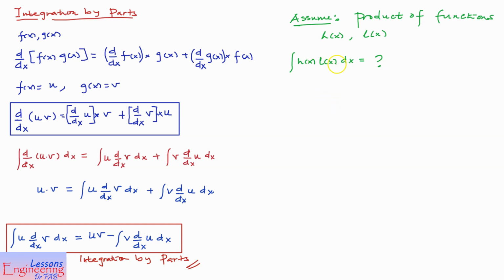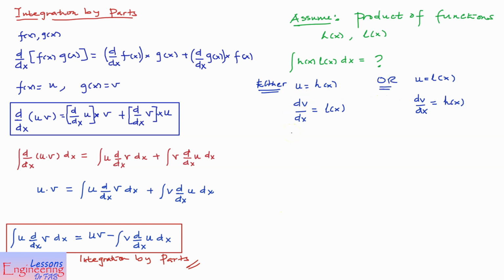So we can assume our u stands for h of x, which means immediately dv by dx is L of x. You can either assume this, or you can also assume u to be the other one, u equals L of x, so immediately dv by dx is h of x.